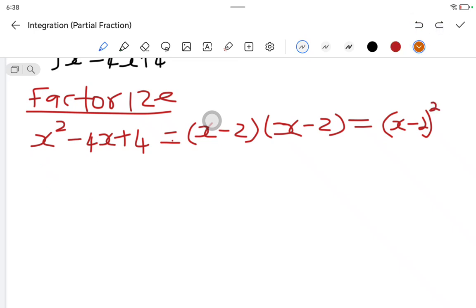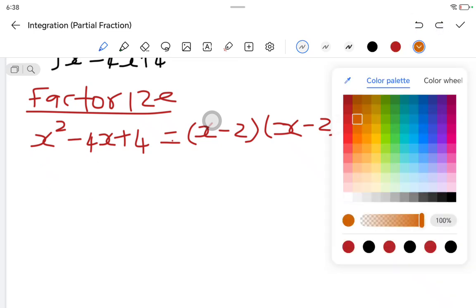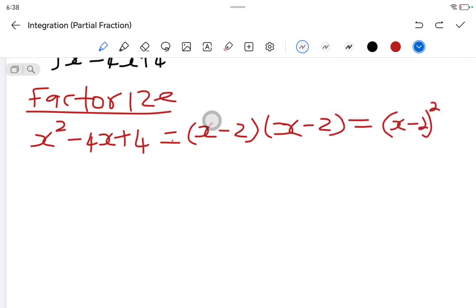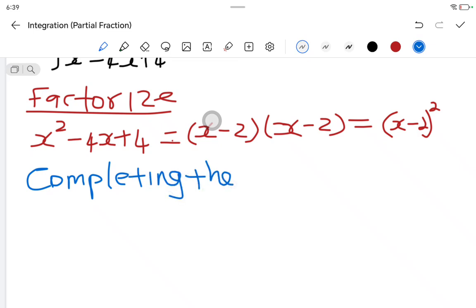Let's go to completing the square. How are we going to complete the square? You add half the coefficient of x. You're just going to add it and subtract it, right?